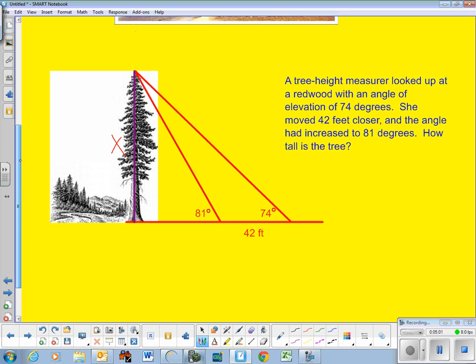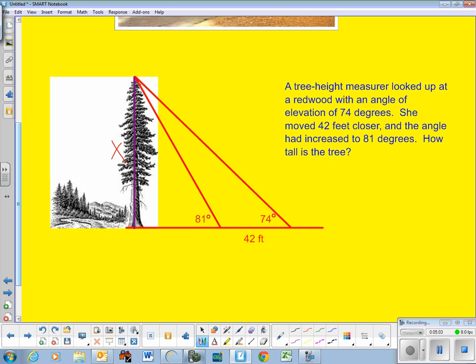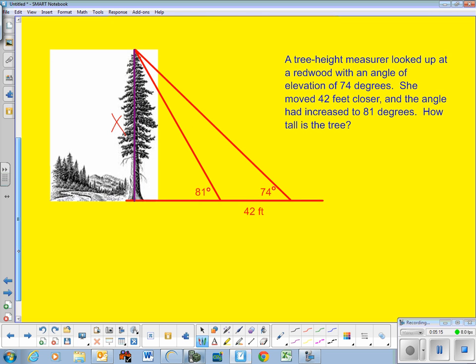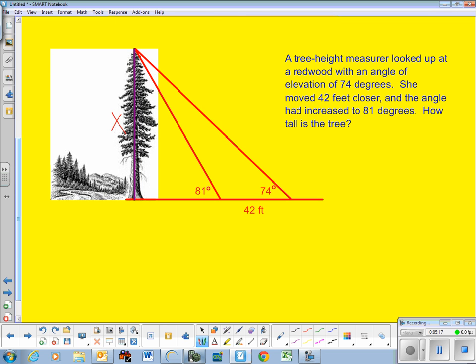All right, so this one's definitely not to scale, but we'll use the 81, the 74, and the 42 feet. This one, you'll recognize it when you see it. There's a couple of ways to go about this. These triangle problems, a lot of times they'll have several answers that work, several paths to the right answer. Here's just one way to get this one. I'm going to call this distance right here y.